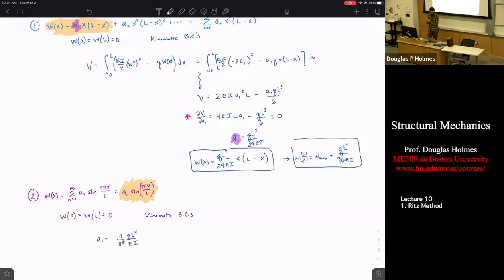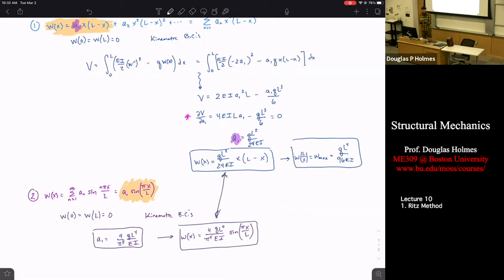And if you insert that into W of X, we get 4 times sine pi x over L. At this point, you can plot your shape and compare it with the other functions. You can kind of compare these two.